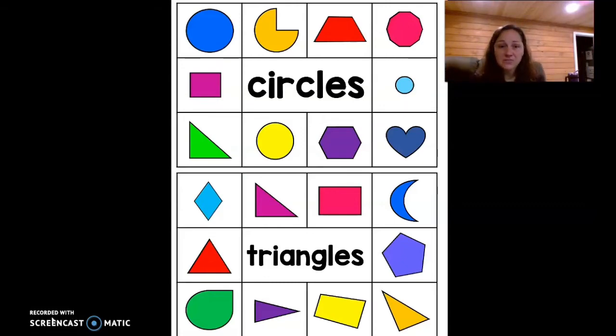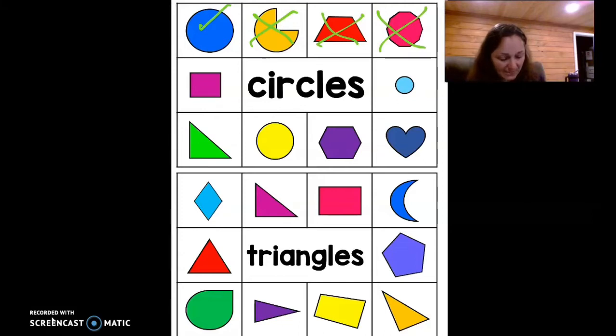Here we go. So looking at circles, we can look at the shapes that go around it, and I would go, what shapes look like circles? Ready? And I see a circle, looks good. I see a Pac-Man, I see a trapezoid, he's got sides all the way around. It is not a circle.